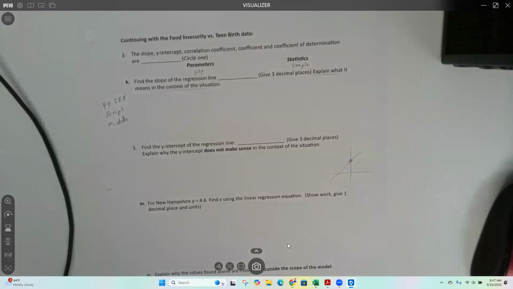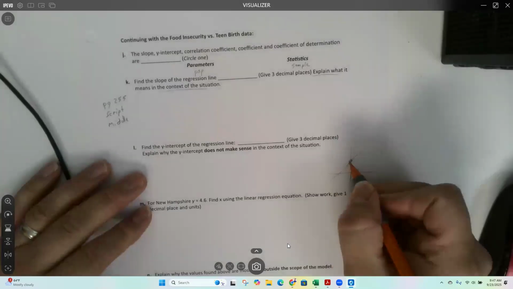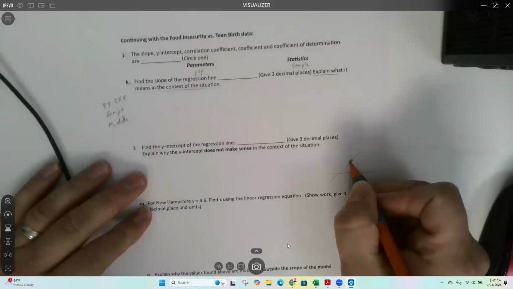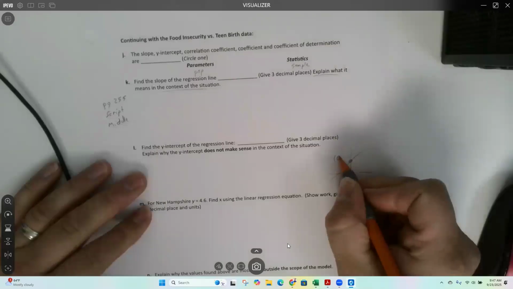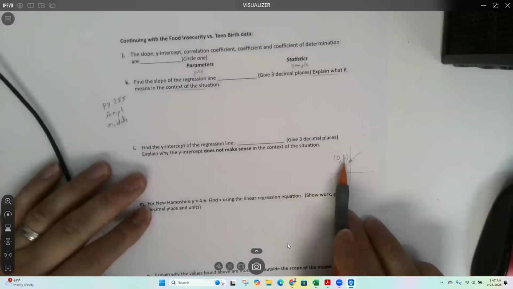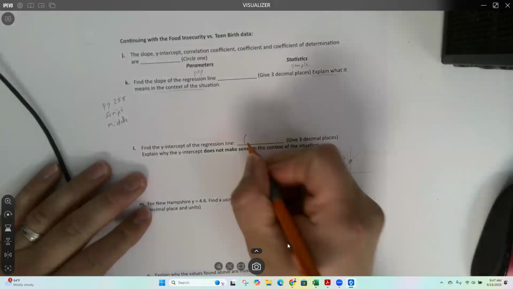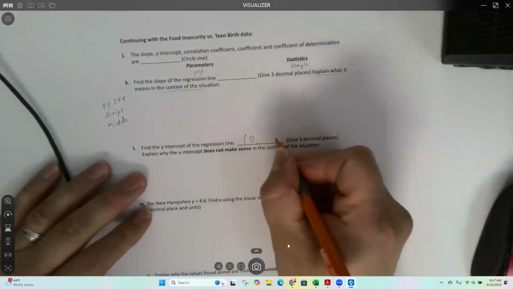Well, that's not entirely true. B is the y value there, okay? The y-intercept is 0, comma, and then a number, and that number is your b, okay? So when you write out your y-intercept, it's going to be 0, comma, something, okay?